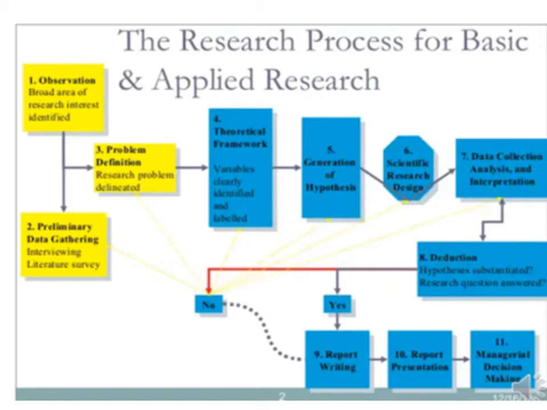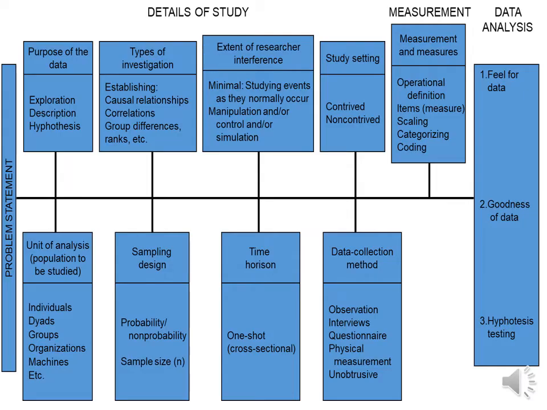When we discuss the scientific research design, it basically has a framework like the one you have seen on the screen. Scientific research design is divided into parts: details of study, measurement, and data analysis.